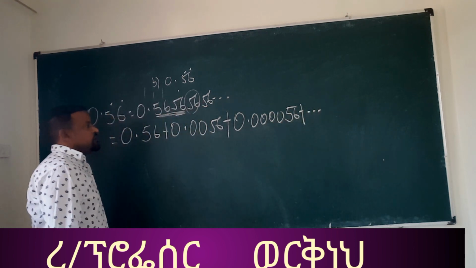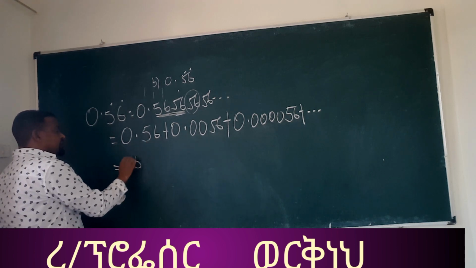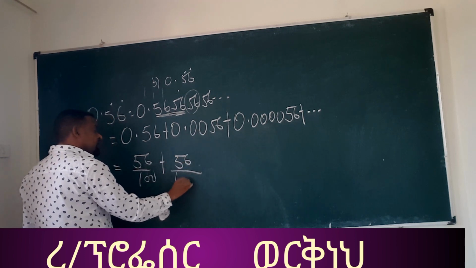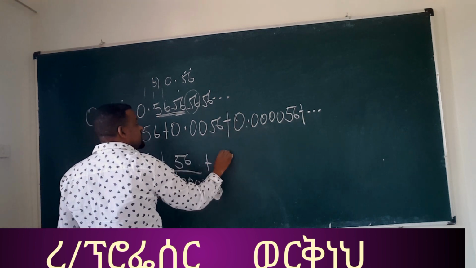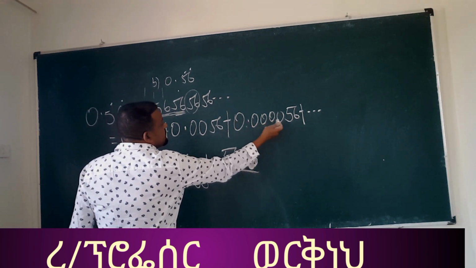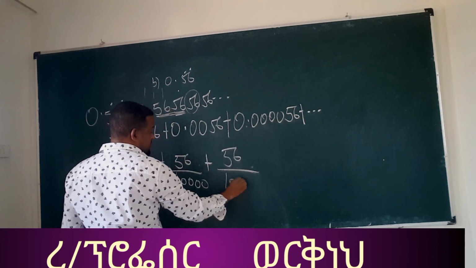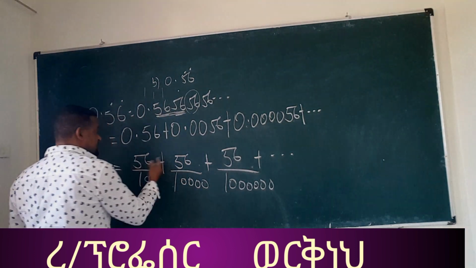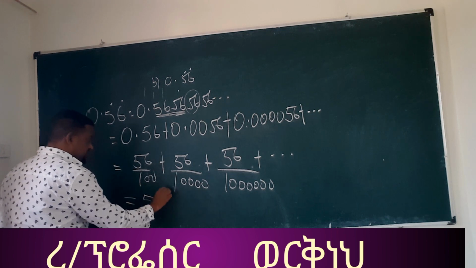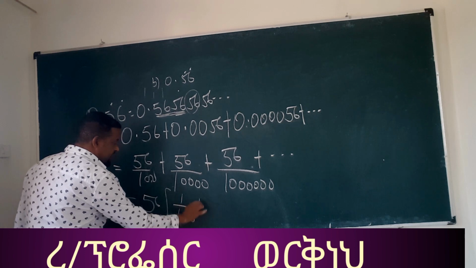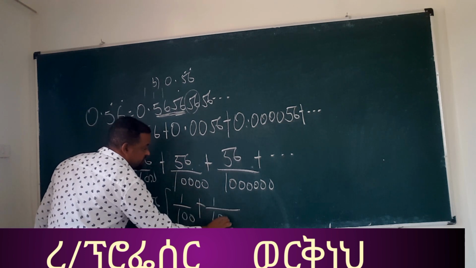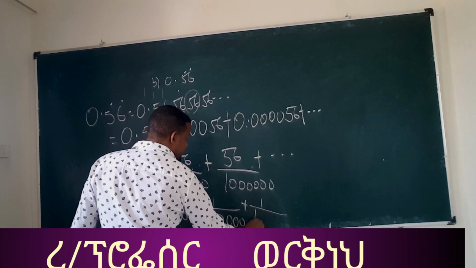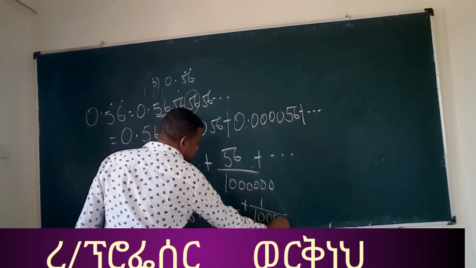So this will be 56 over 100, plus 56 over 10,000, plus 56 over how many zeros, 1 2 3 4 5 6, a million, and it continues. You can take 56 common, so this will be 56 times the bracket: 1/100, 1/10,000, and 1 over 1 million.